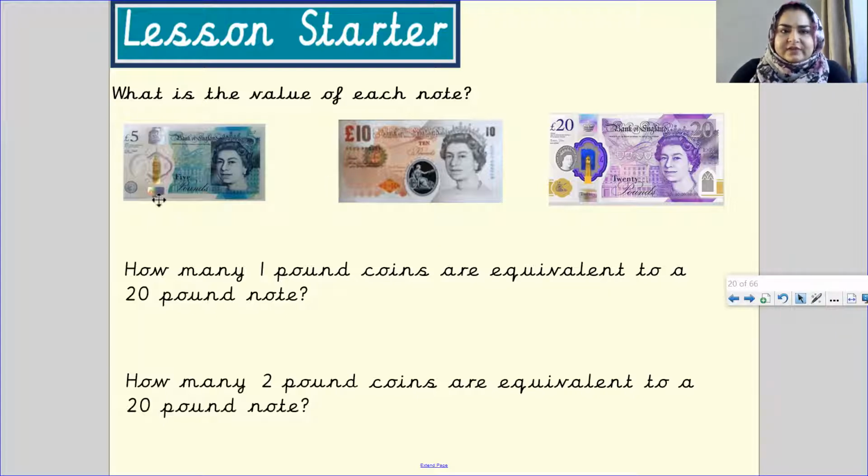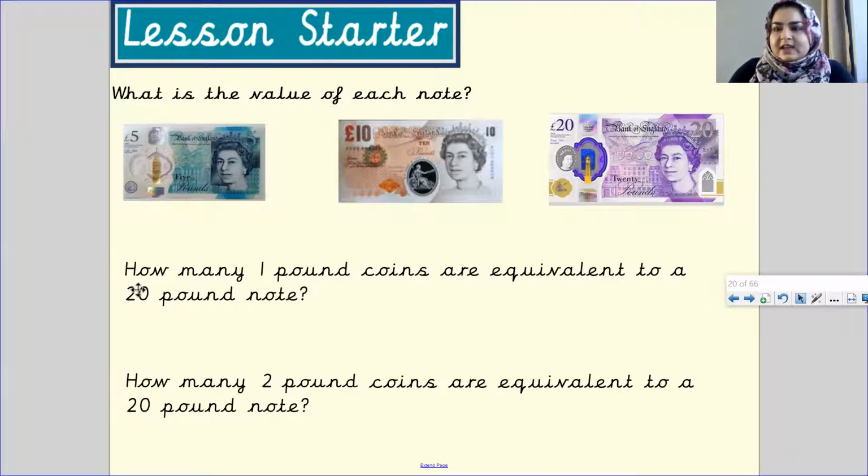So the value of this note is £5, the value of this note is £10, and the value of this note is £20. I know it's one note, but the value is the number that's on the note. That is how much it is worth. It is one note, so one object, one item, but the value is the number that's on it.